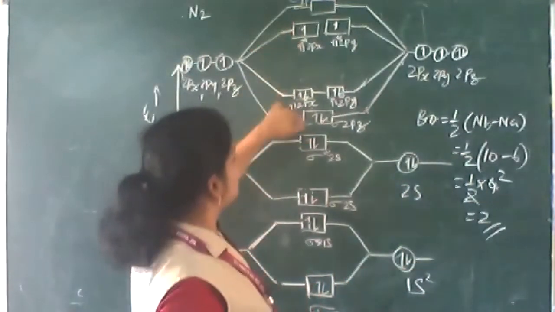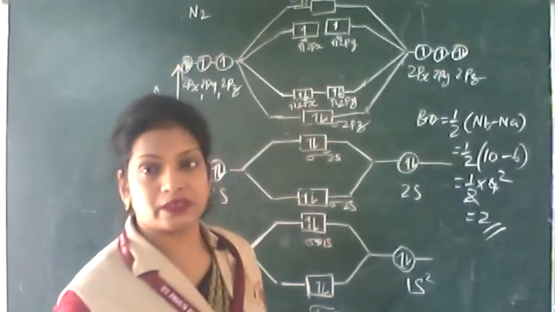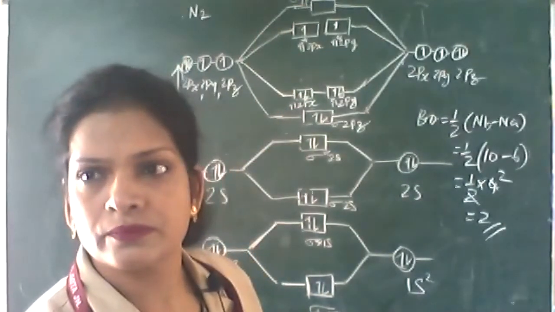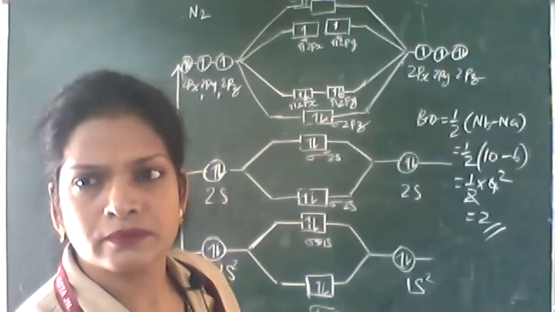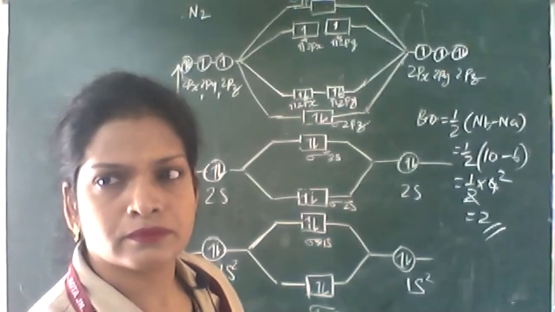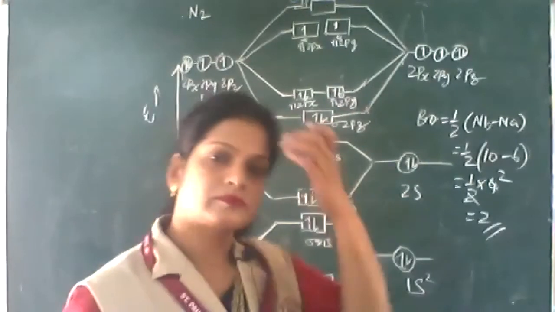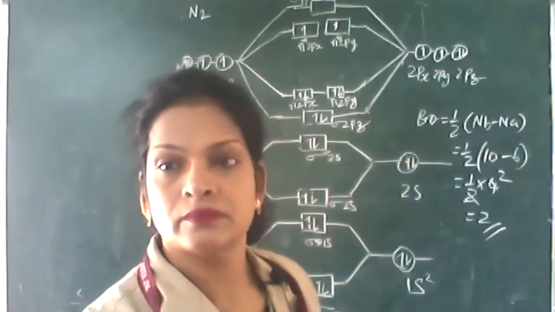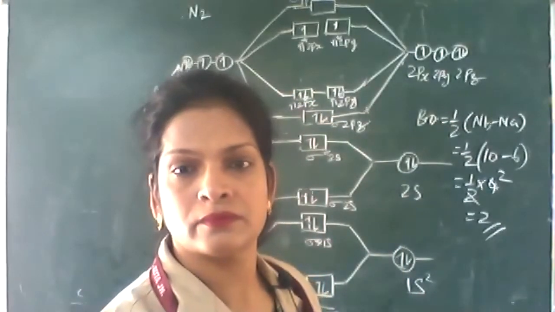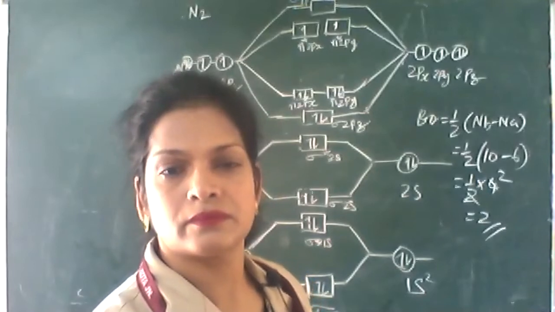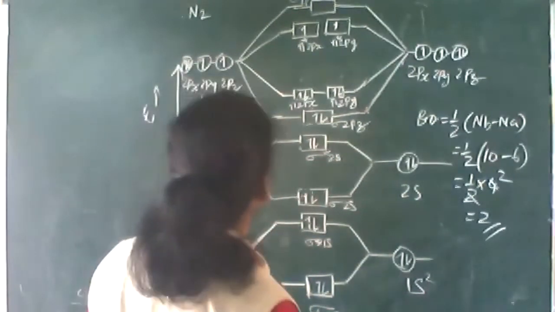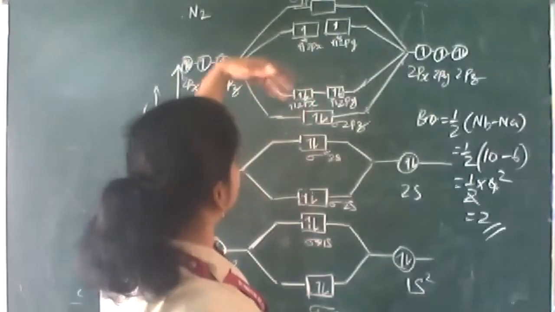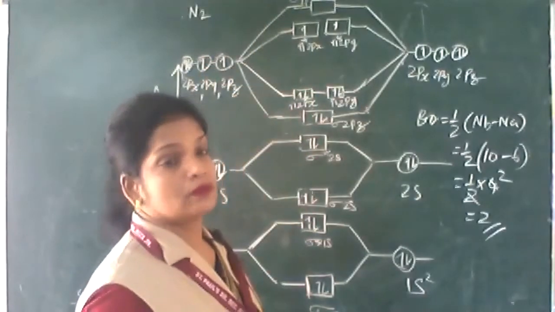So sigma 2pz and sigma star 2pz repel each other, and go far away.